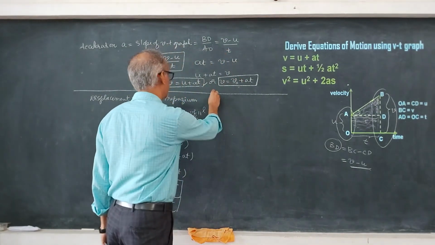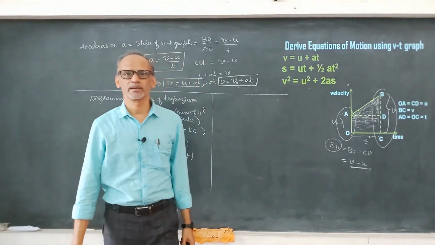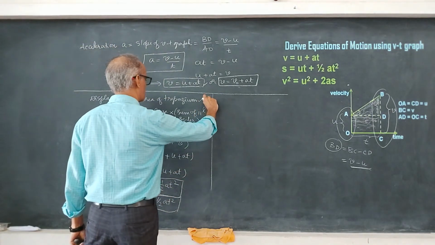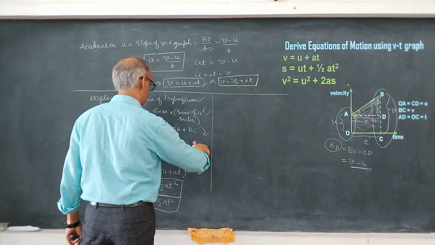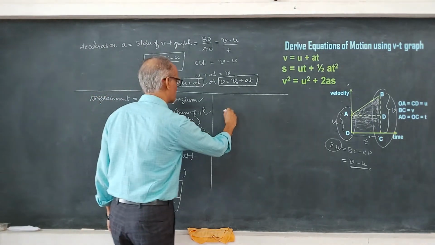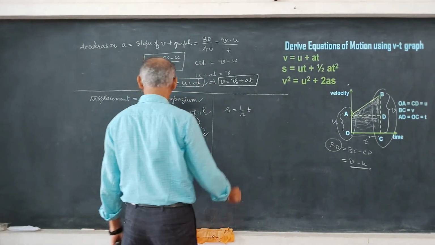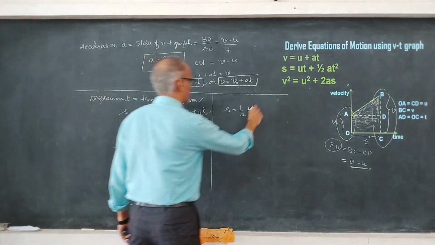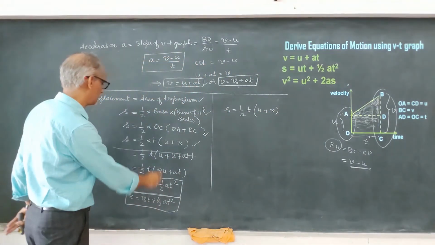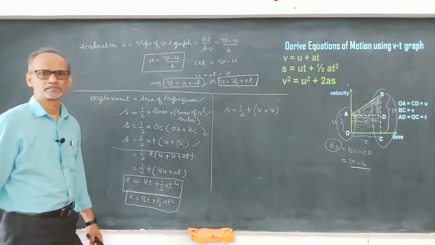So let us complete the third equation, which is v square is equal to u square plus 2as. To derive this, these steps are the same. Till here it is the same. I will write this till here. S is equal to half t into u plus v. So what we did here, we replaced the v and then we got the equation.